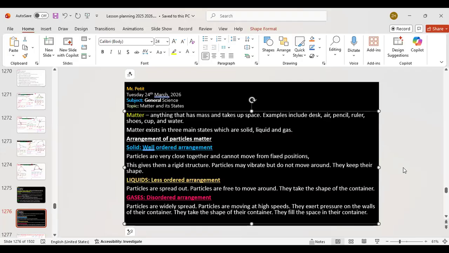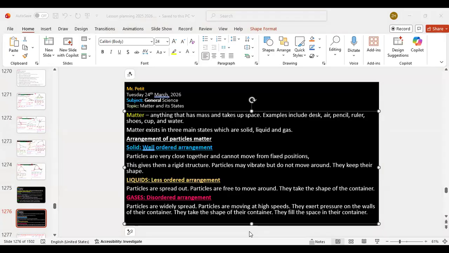But out of liquid and gases, which one has a more disordered arrangement? Gases. Good. Gases have a more disordered arrangement. But both of them, liquids and gases, take the shape of their container.